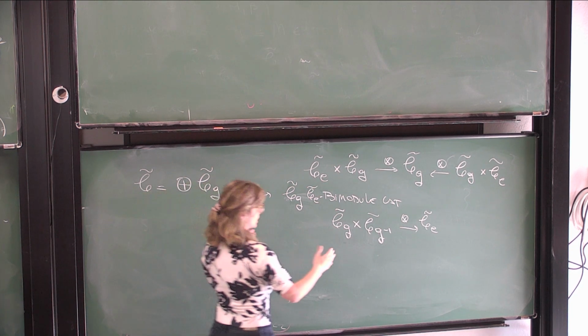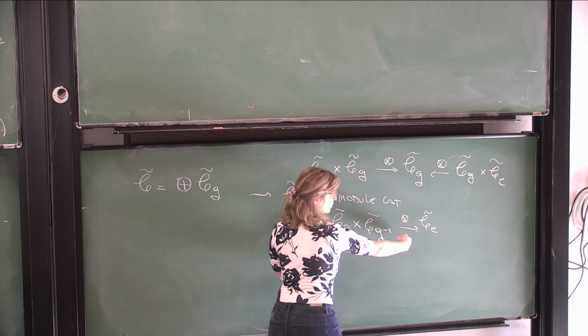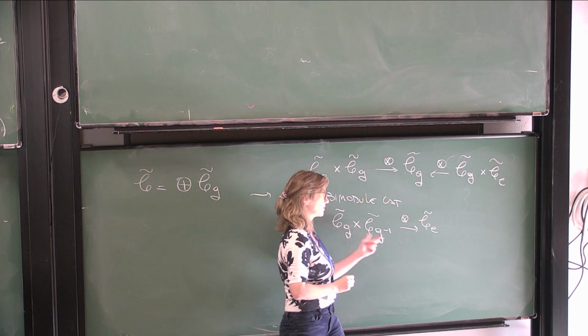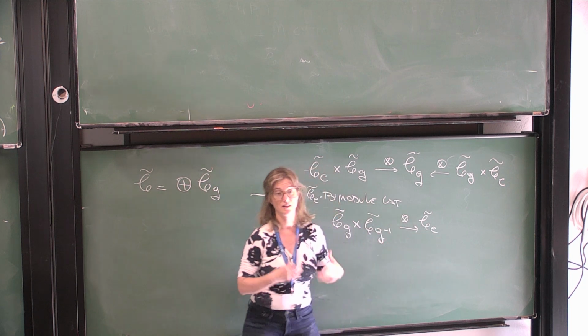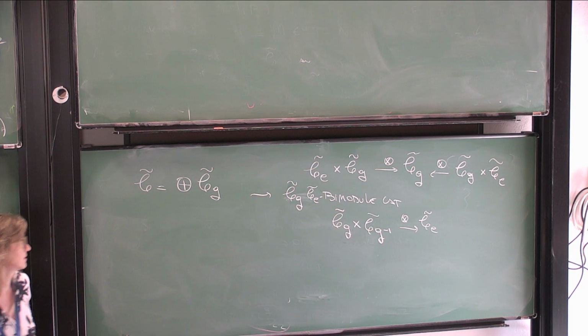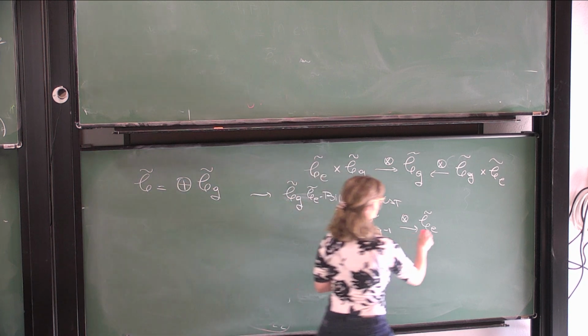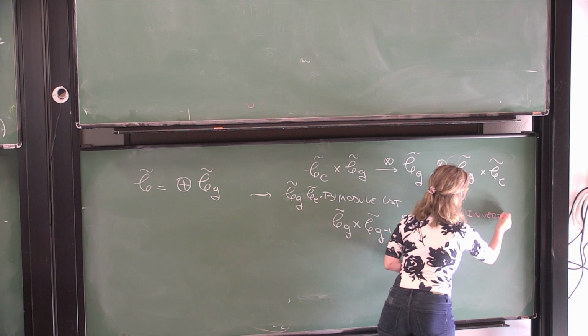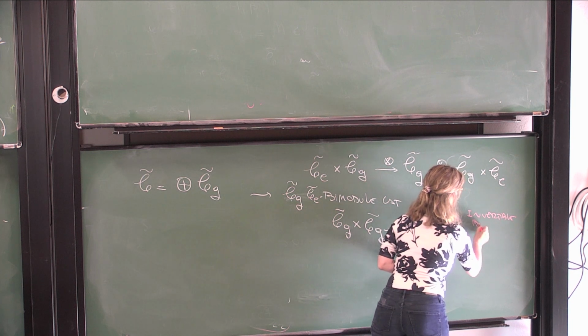In principle, you get something new, in this case a bimodule with the actions here. This is telling you that this product of the bimodules will be the trivial or your original thing. So there is some invertibility going on here. So these are actually invertible bimodules.